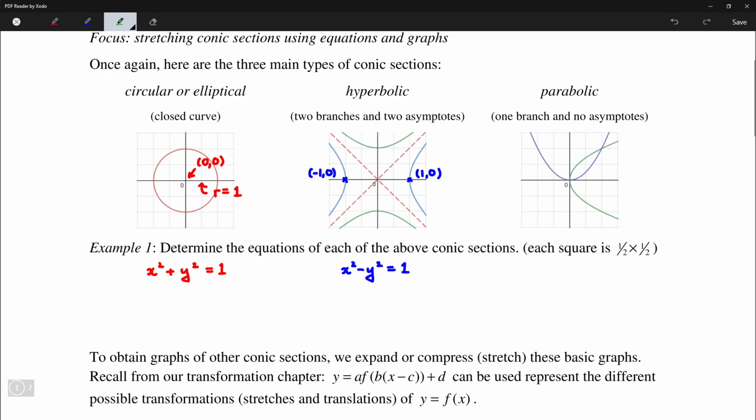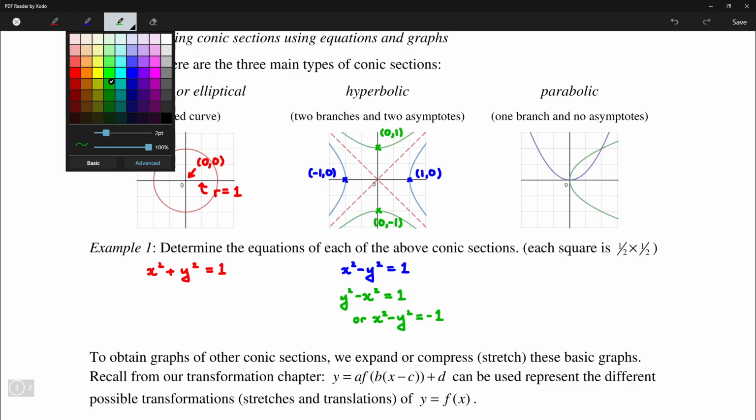We also have a hyperbola with y-intercepts, so 0, 1, and also 0, -1. And its equation is y squared minus x squared equals 1. Or it could also be written as x squared minus y squared equal to -1.